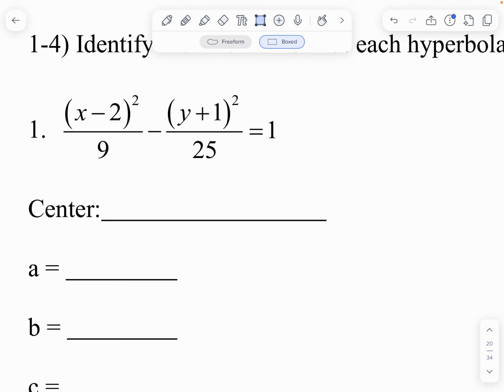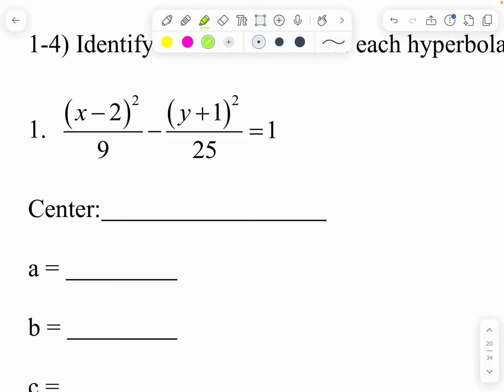If the equation starts with x, then it is a horizontal hyperbola, parallel to the x-axis. And if the first term contains y, then your hyperbola is a vertical hyperbola and goes along the y-axis. So let's look at this.